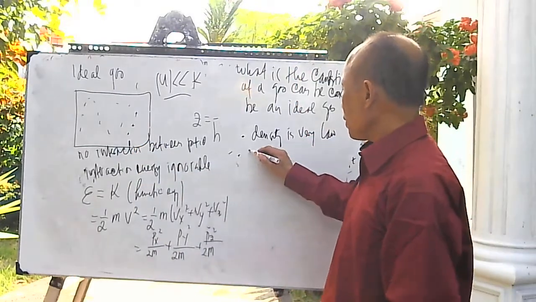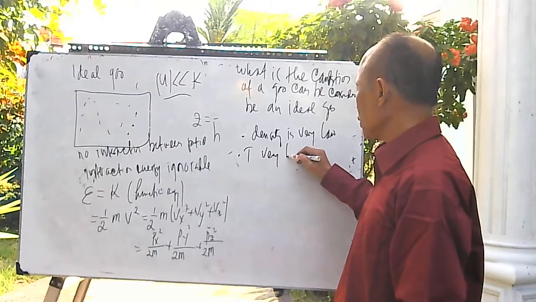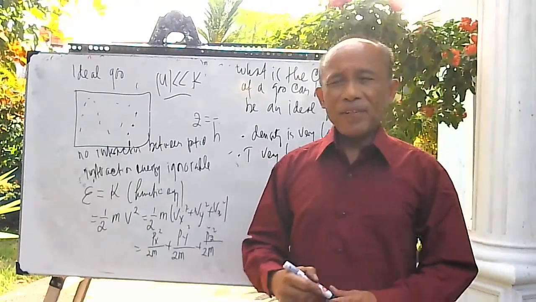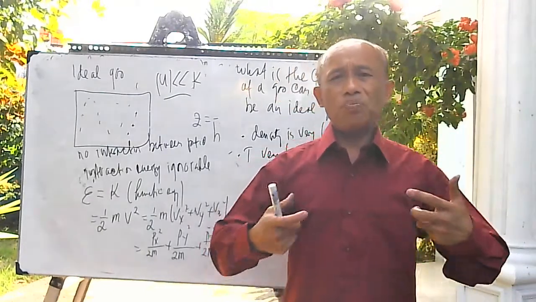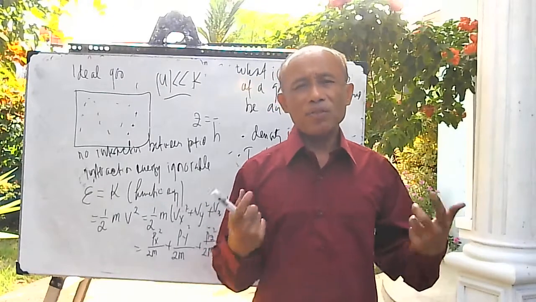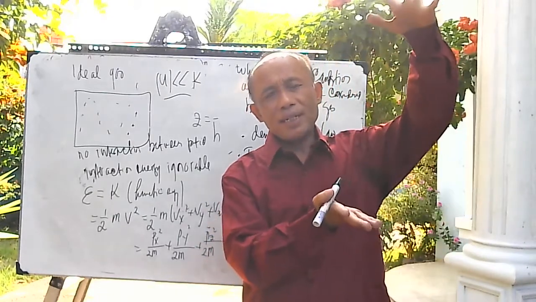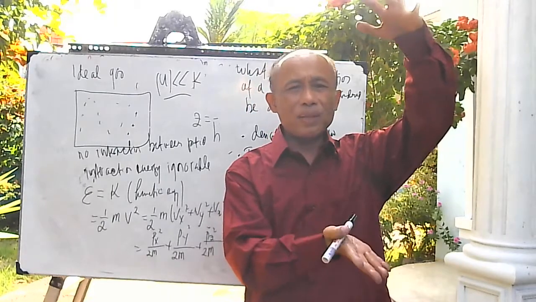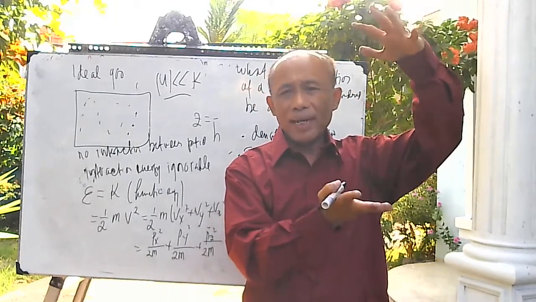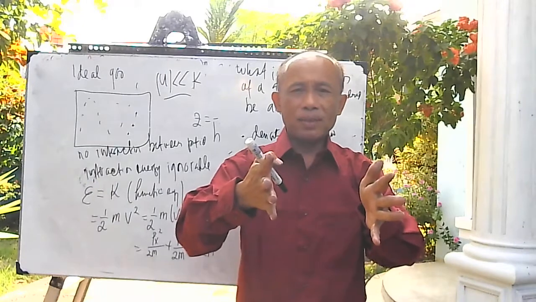Another example is when the temperature is very high. If the temperature is very high, then the speed of each particle becomes very high. So the kinetic energy becomes very high, and it might be several orders of magnitude higher than the interaction between gas particles.